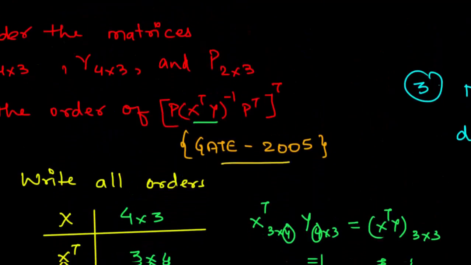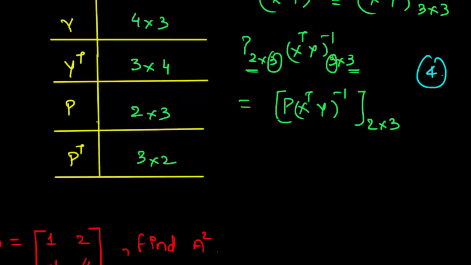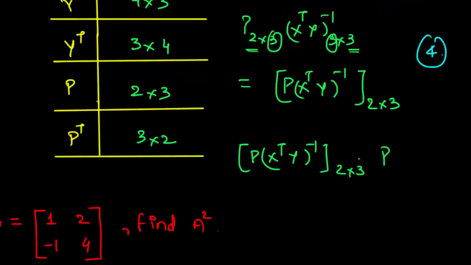Next, P transpose. We have to multiply this with P transpose. So P X transpose Y inverse has the order of 2 cross 3, and we have to multiply it with P transpose, which has order of 3 cross 2.